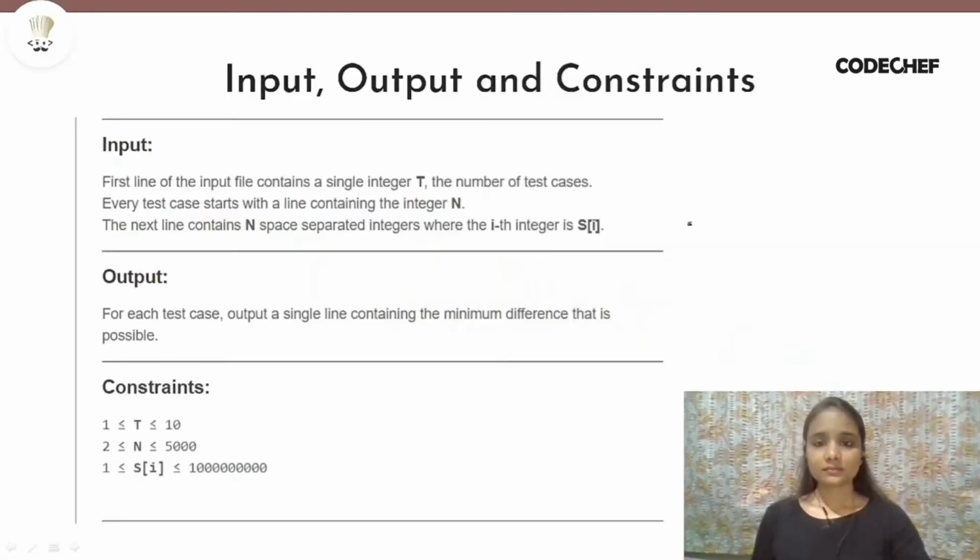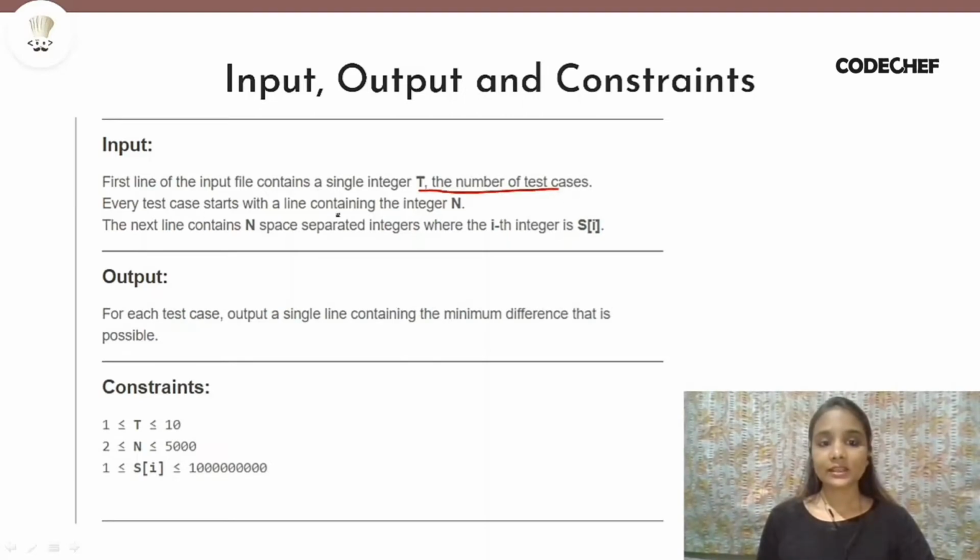Now, let us discuss what inputs, outputs and constraints are there in the problem, and then we'll move on to discussing the main part, the concept part. First we need the number of test cases. The first line will be the number of test cases, a single integer.